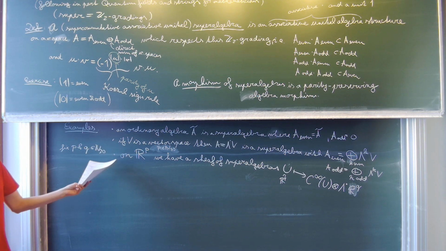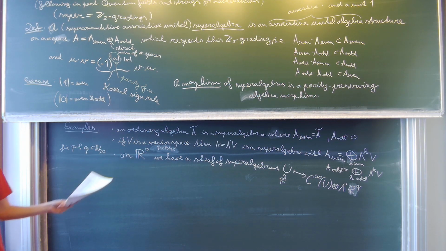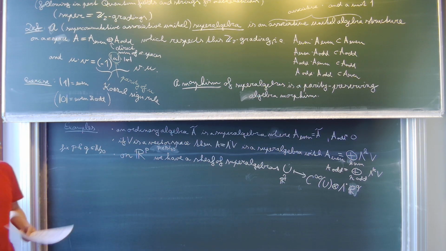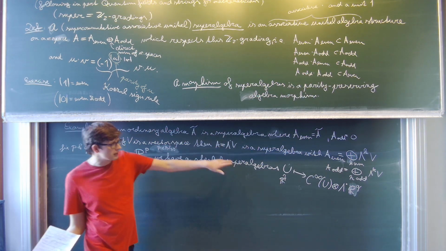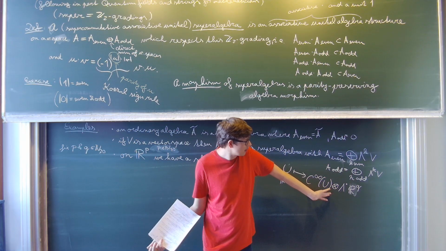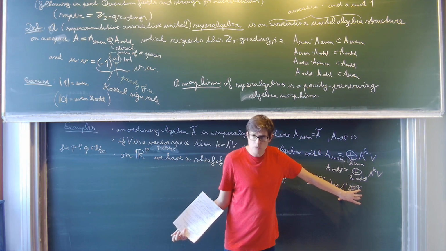At each open subset of R^P, I'm taking a superalgebra, which is simply the product of these two: smooth functions tensor this exterior algebra.